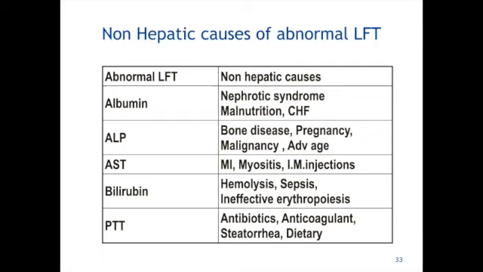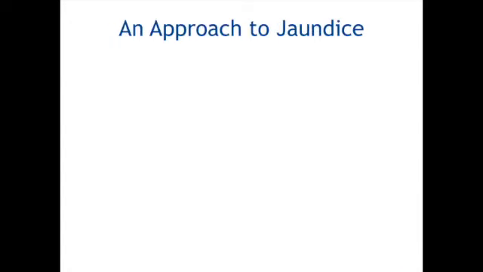Bilirubin may be high in patients with hemolysis, sepsis, or ineffective erythropoiesis. Prothrombin time can be elevated by use of anticoagulants, antibiotics, some patients with steatorrhea or pancreatic enzyme malabsorption, etc. So you can have abnormal LFT without actual involvement of liver.